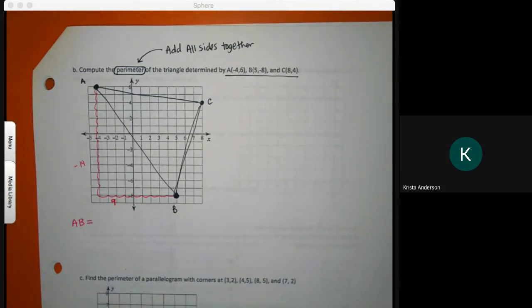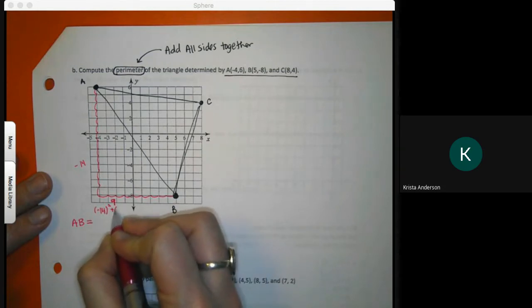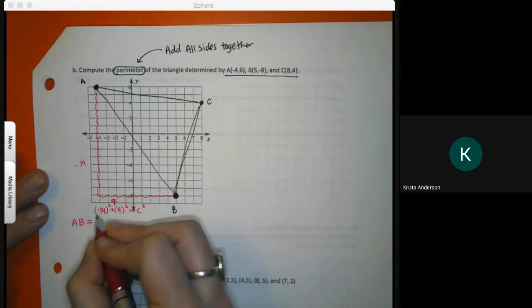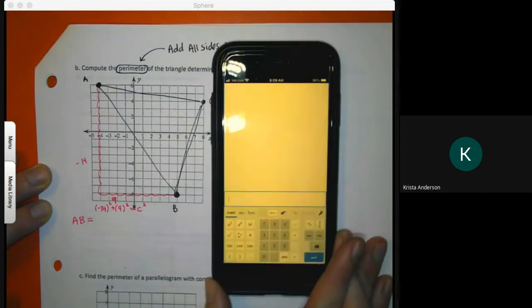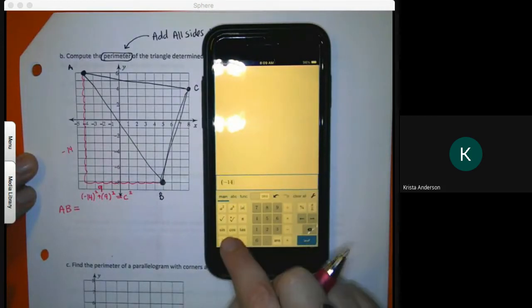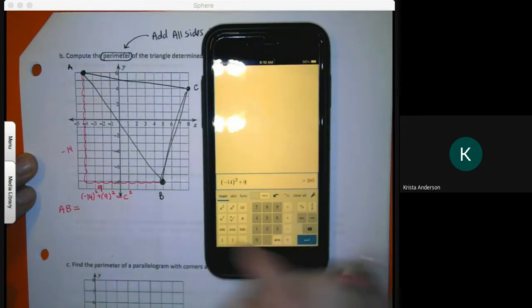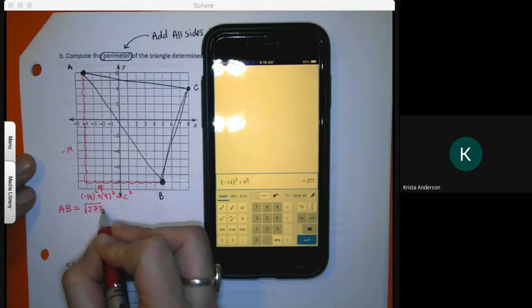Those are the two values I plug in. -14 squared plus 9 squared. When I add those together, -14 squared I have to put in parentheses. The 9, I can put it in parentheses or I can choose not to. The positive will not mess up. I'll have the square root of 277 for A to B.